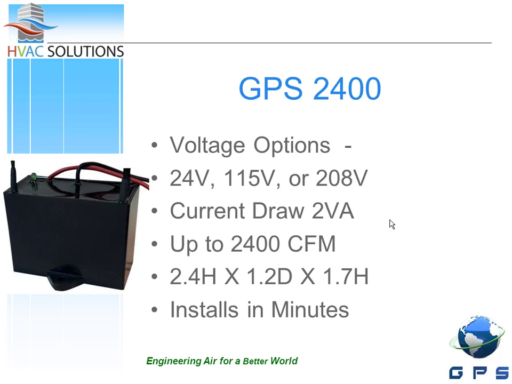So that's most residential applications. It is voltage specific. So there are 3 different options, 24 volt, 115, or 208, but each one is a separate unit. There's a 24 volt unit, there's a 115 volt unit, and there's a 208 volt unit. So a lot of options, but you have to pick which one you want.